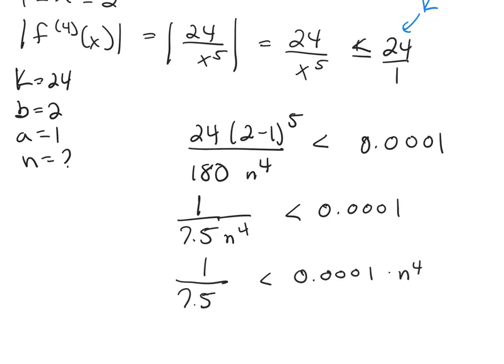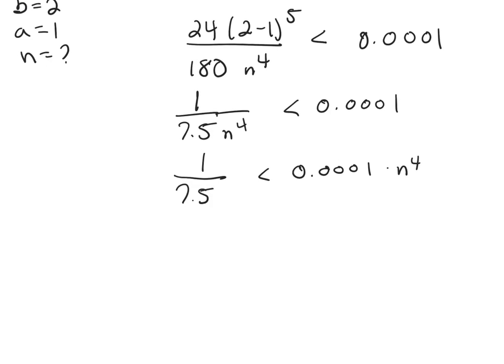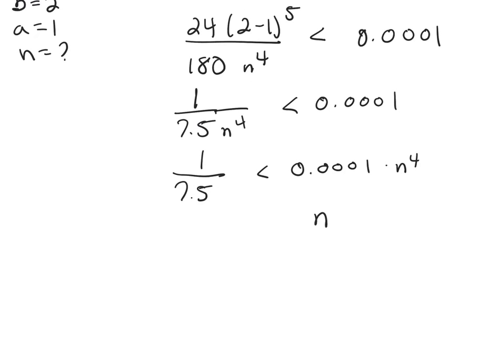Divide by that decimal so that you've isolated n to the fourth on the right-hand side, 0.00075.